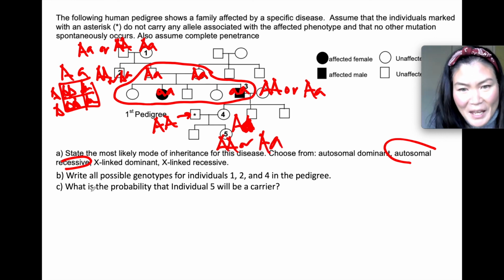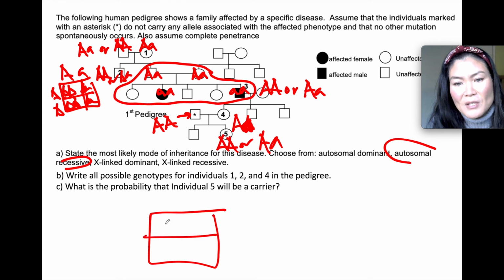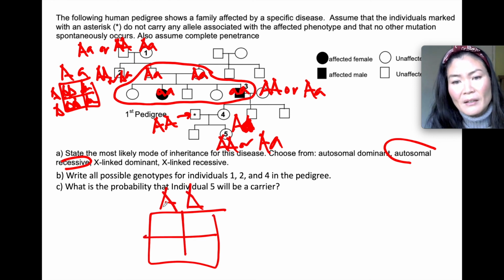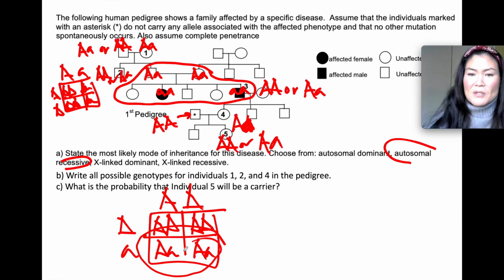What is the probability that individual 5 will be a carrier? We determined already it's big A, or big A, little a, so there's a 50% chance of being a carrier right over here. 50% chance of being a carrier.